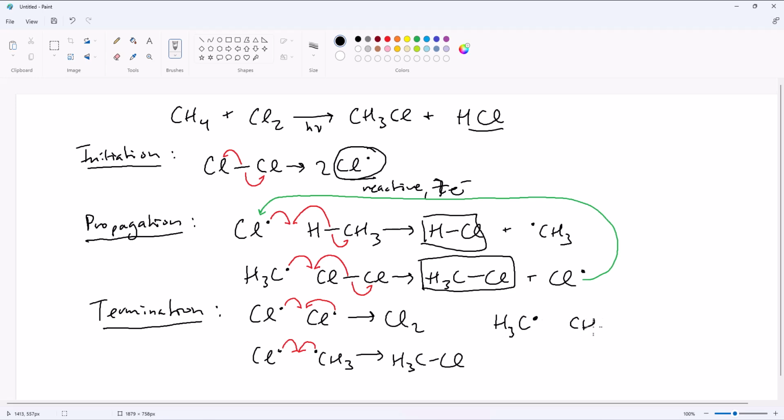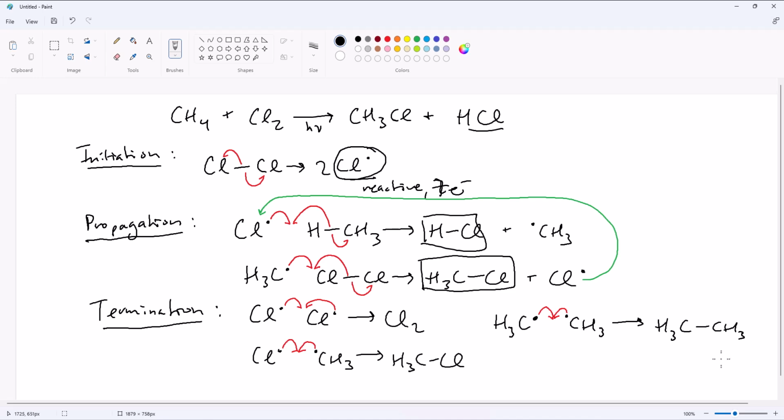So we have two CH3 dots that are going to combine to form a dimerized species of the original methane. So often, if we're using methane in our radical-based mechanism, we will see some amount of ethane come out in the products because of an unwanted dimerization that occurs in the termination step.